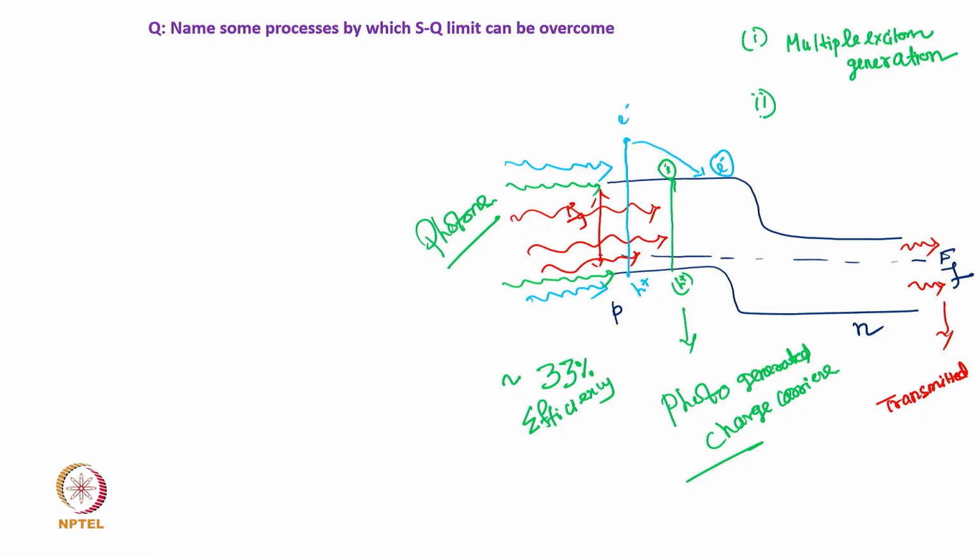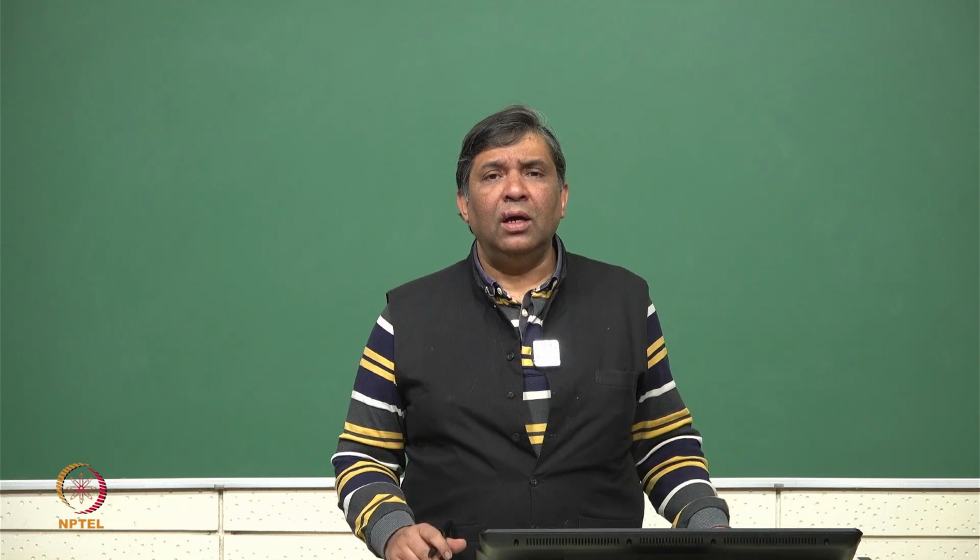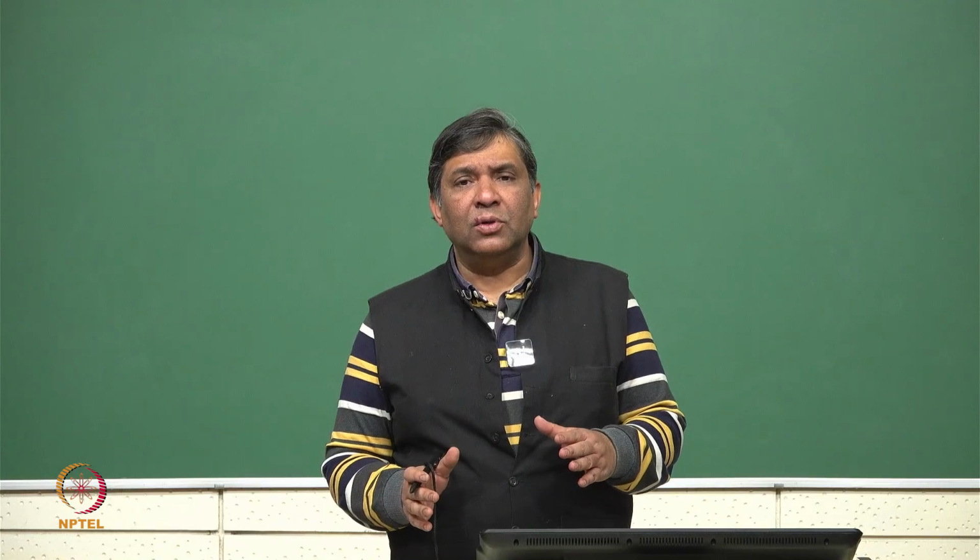The second approach is up conversion and down conversion. Okay, what is the meaning of up conversion and down conversion? The meaning is that you coat a material as an up-converter.